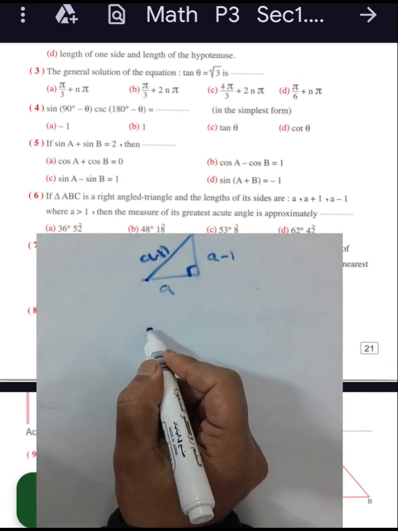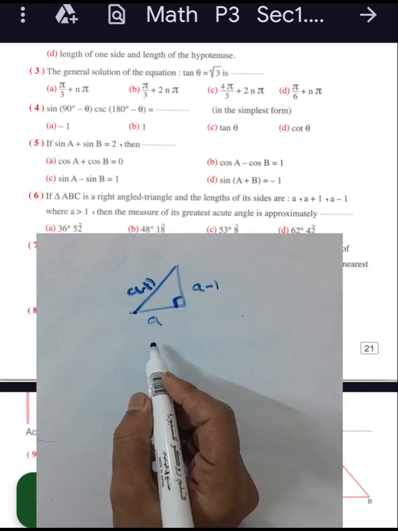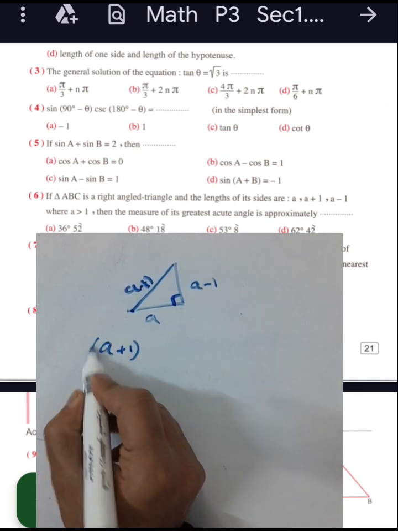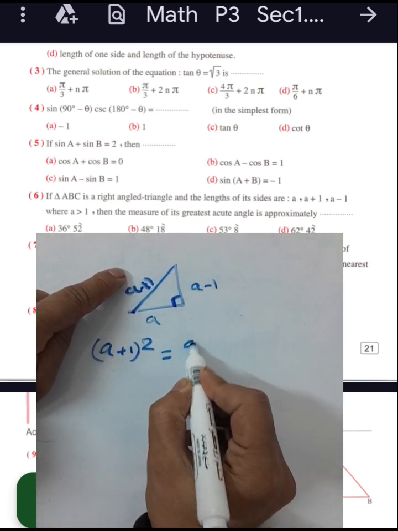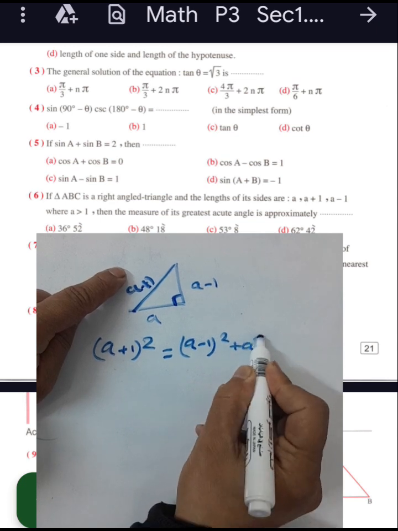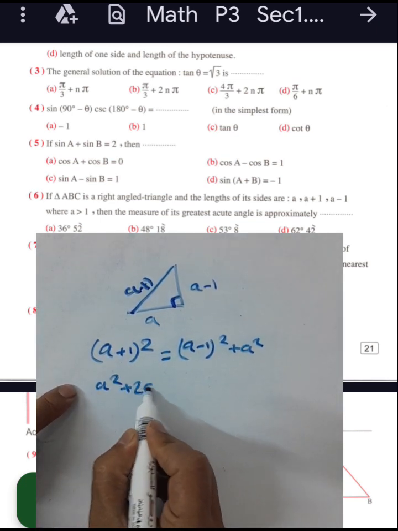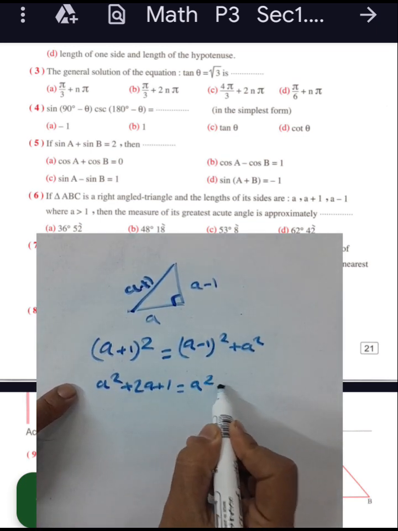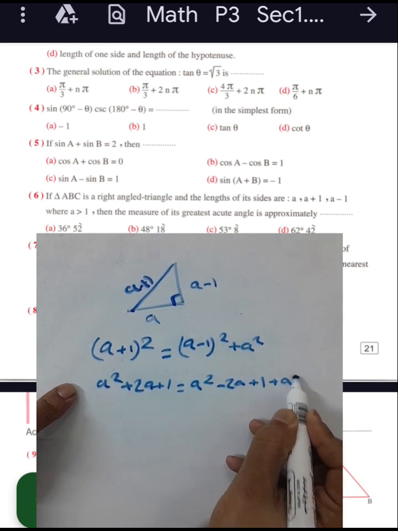We can find the value of A by the rule of Pythagoras. A plus 1, the hypotenuse, power 2 equals A minus 1 power 2 plus A power 2. Then A power 2 plus 2A plus 1 equals A power 2 minus 2A plus 1 plus A power 2.